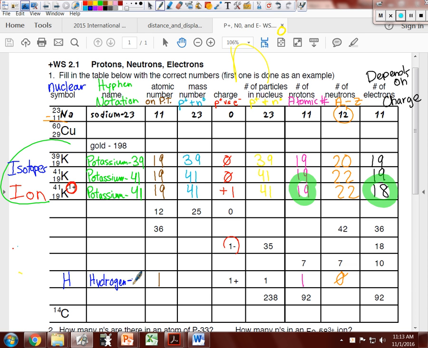All right, so let's go back to our charge. Well, if you've got one proton, and the charge is 1 positive, then how many electrons can you have? None. You can't have any. And I know that sounds really weird. So what is the only thing in this atom? A proton.